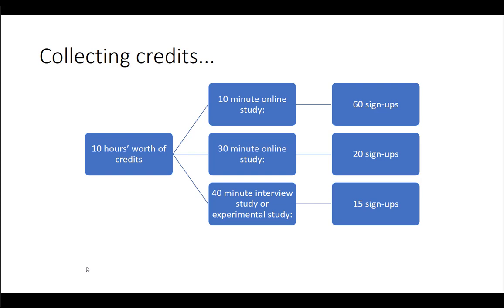And if it's a 40-minute study, then you could have 15 sign-ups. So it's still worth using the SONA scheme, the Research Participation Scheme, if you want to recruit School of Psychology staff or students for your research. As long as you've collected at least one credit, you can use it to advertise your project.